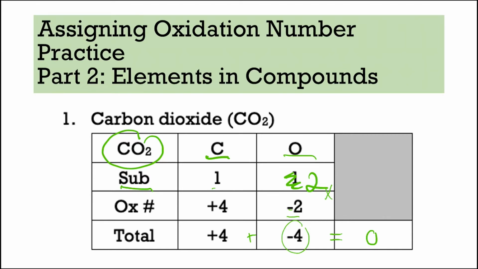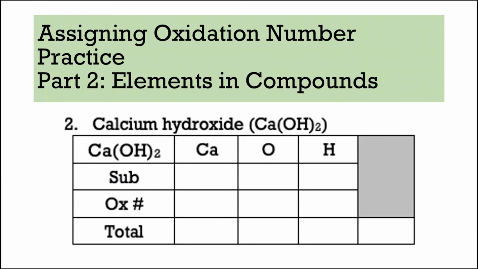So at this point we know oxygen is -4, so that means carbon has to be +4. Now, if carbon is bringing a +4 charge and you only have 1 carbon, that means the oxidation state of carbon is +4.